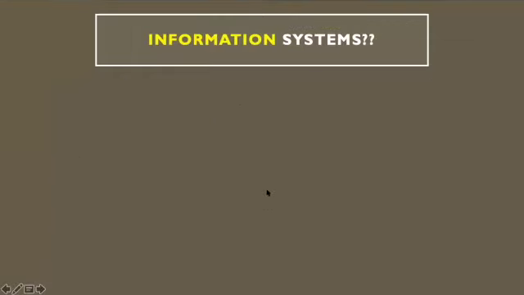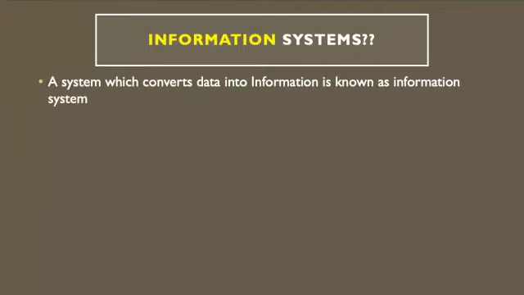Now we'll talk about information system. What is an information system? We know what a system is; an information system is also a system. An information system is a system which converts data into information. I think you studied that in grade 10.